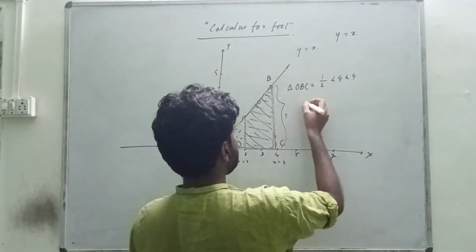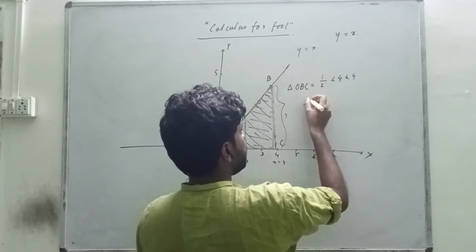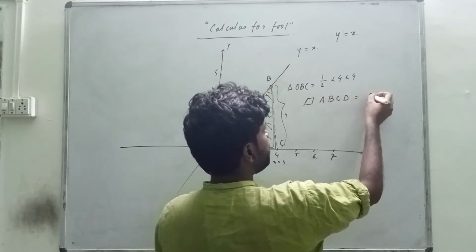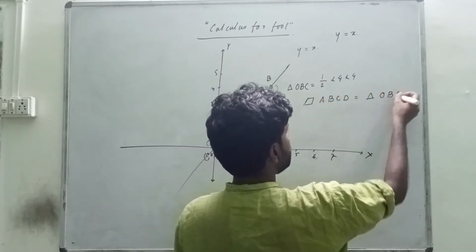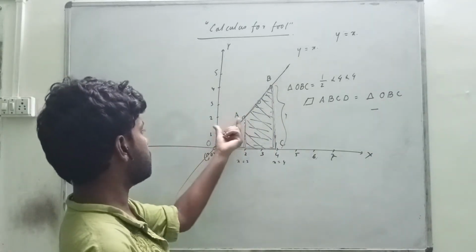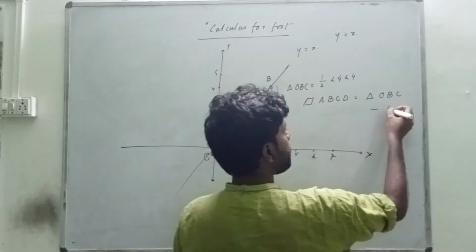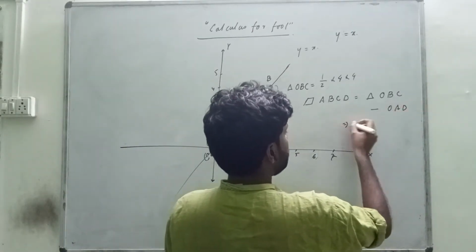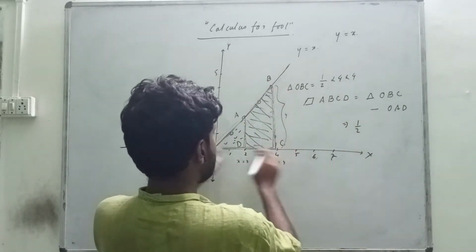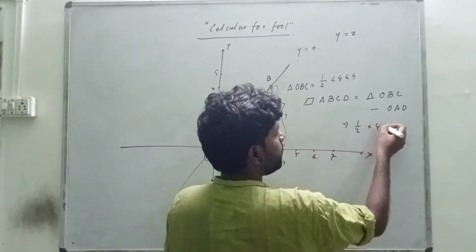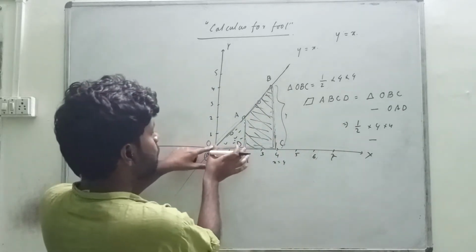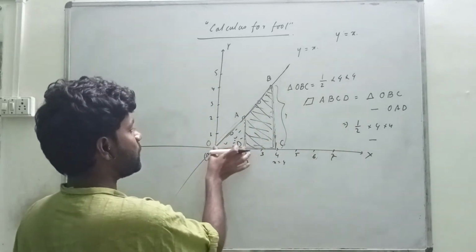So the area of this trapezium ABCD is actually the big area OBC minus the small area OAD, right? OBC means half into base into height, I mean half into 4 into 4. Minus OAD means half into 2 into 2, right?